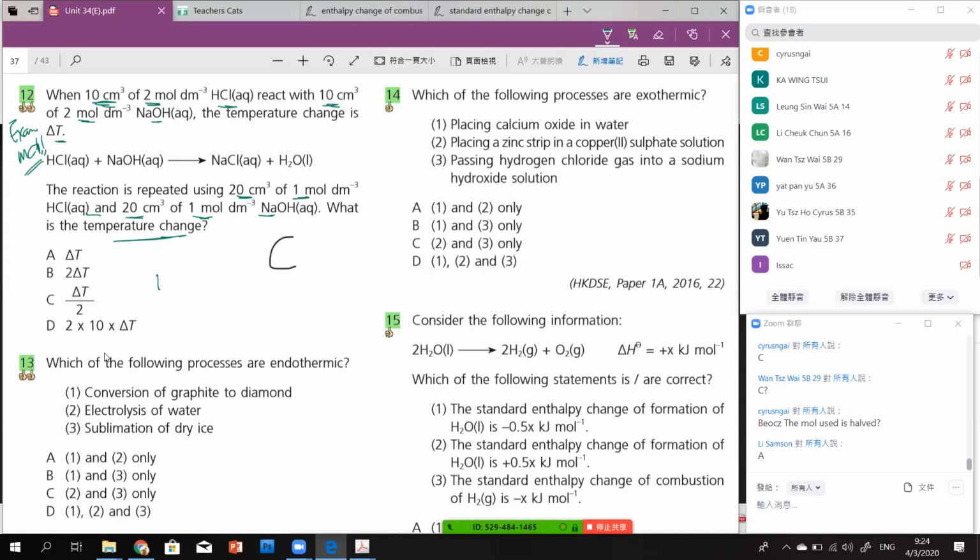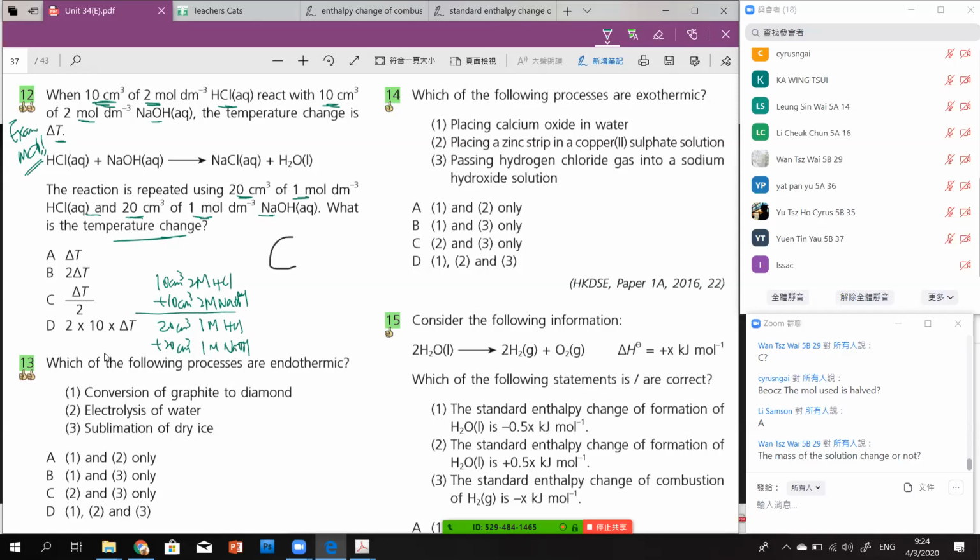The first case is 10 cm cube 2 molar HCl plus 10 cm cube 2 molar NaOH. The second case is 20 cm cube 1 molar HCl and 20 cm cube 1 molar NaOH.